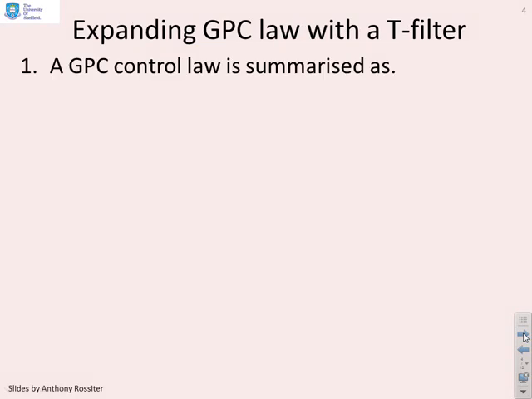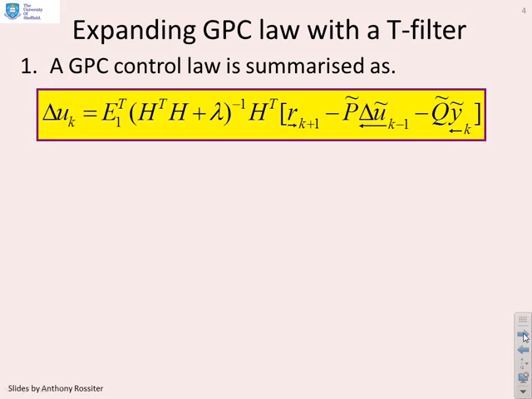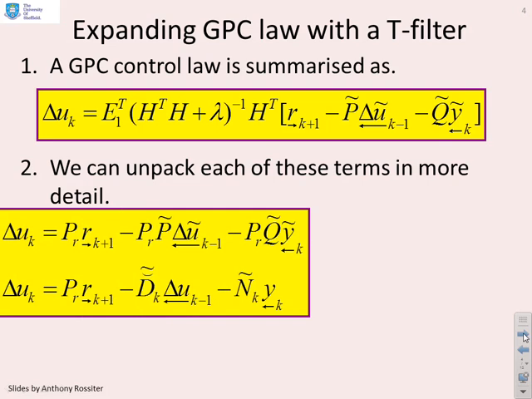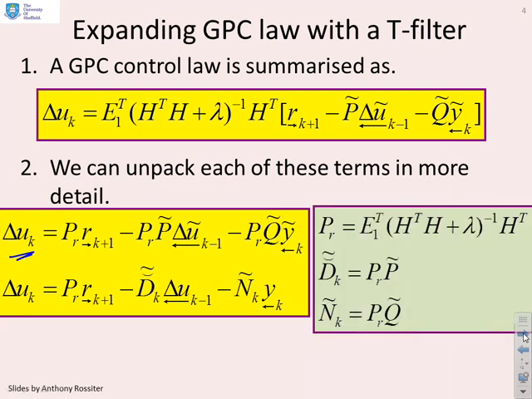Now, the GPC control law is summarized like this now that we've used the T-filter and these filtered variables. So how is that going to affect our transfer function representation of the law? What I'm going to do is unpack each of these terms in more detail. If you take the first term, delta u_k, again as in the earlier videos, you can show I can express this as PR r_{k+1}, that's not changed.